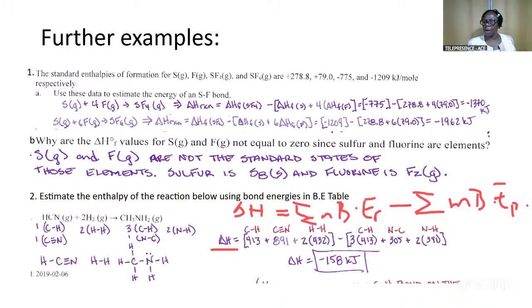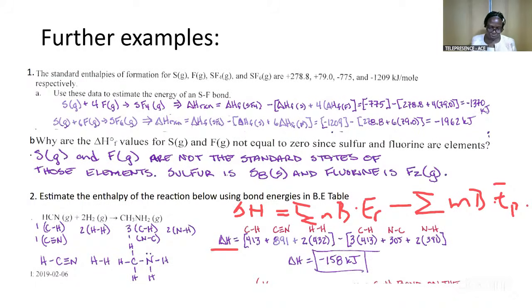Simple. So we come back and look at all the reactants. We have HCN and we have H2. All the bonds present in these reactants, we have substituted their values from the table. Apart from knowing the values of the H-H bond, C-H bond, and the C triple bond N, the only thing you need to bear in mind is the stoichiometry.